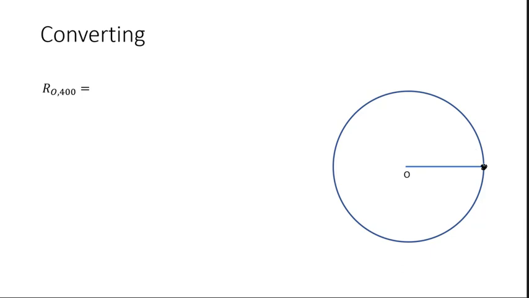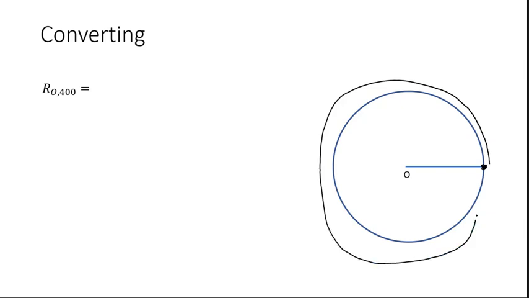Well, we want to figure out what this is equal to. Can we simplify this a little bit? Well, if we go one time all the way around, that takes you to 360 degrees, right? Now for a 400 degree rotation, we have to go beyond that an extra 40 degrees. So we can write that as 40 degrees. A rotation of 400 degrees would be the same thing as a rotation of 40 degrees because we just do 400 minus 360 to get our equivalent measurement.